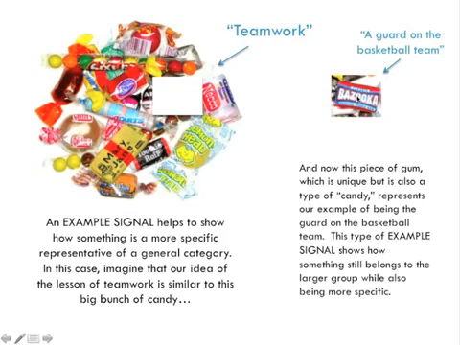So what I want you to think about is oftentimes we use examples to illustrate a larger, more general idea. This idea here, the guard on the basketball team, is just one example of a large body called teamwork. This is how example signals work. So the idea is helping connect this to the larger idea.